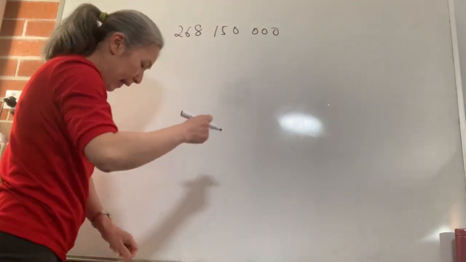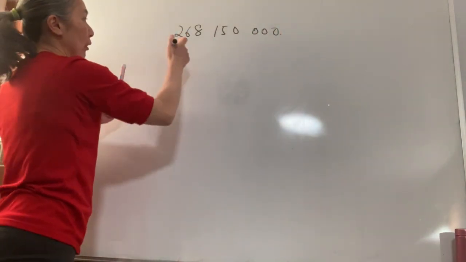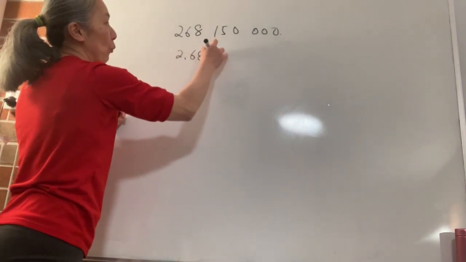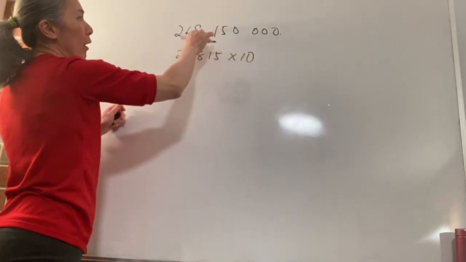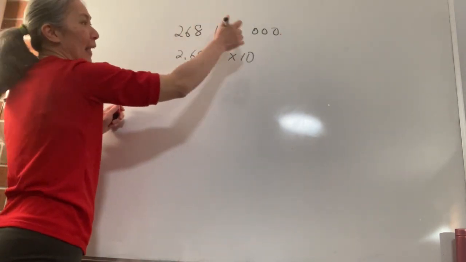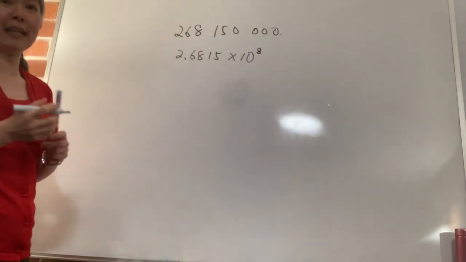My dot is right there, and I need to shift it all the way to here. So you are going to write 2.6815. Normally the 0 after that I'm not going to write. Times 10 to the power of, you shift 8 places to that side, so it's going to be positive, to the power of 8.